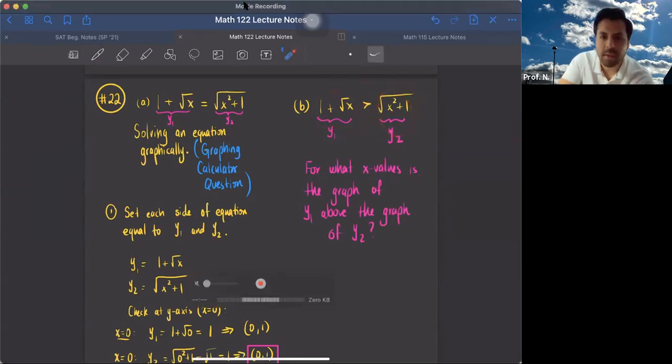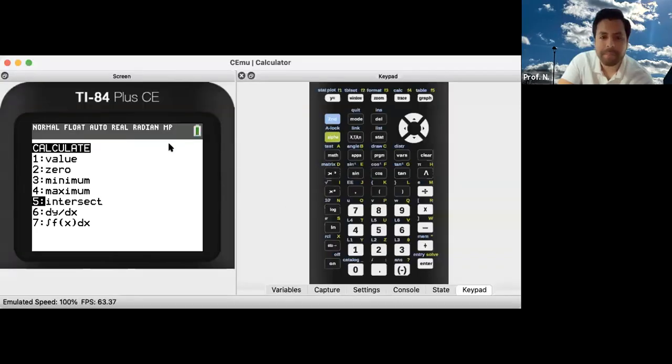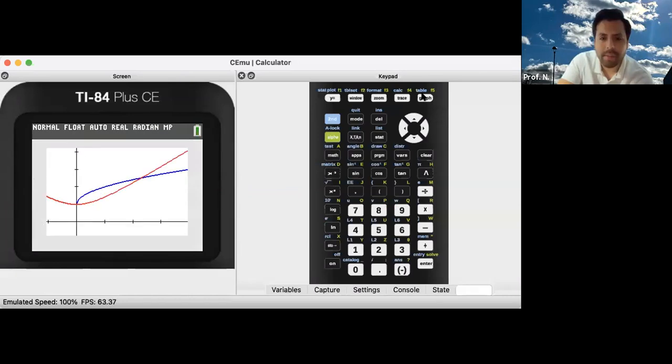So then we can go back to our calculator and go to graph. Remember, y1 is the blue curve and y2 is the red curve. What we're saying is, for what interval, for what x values is the blue y1 curve bigger than the red y2 curve?